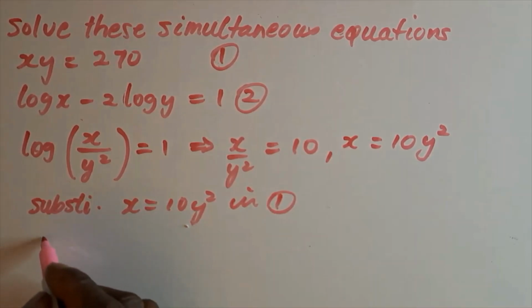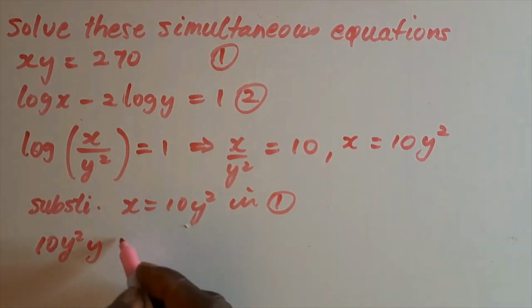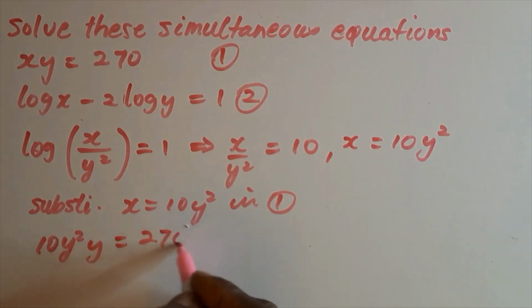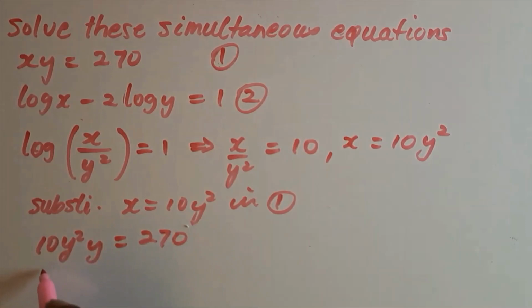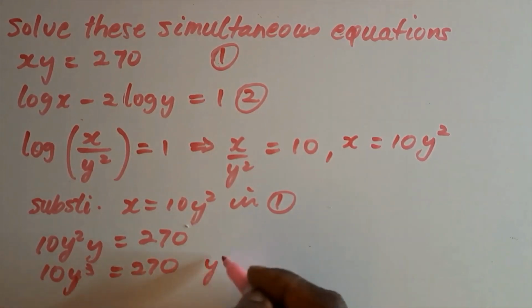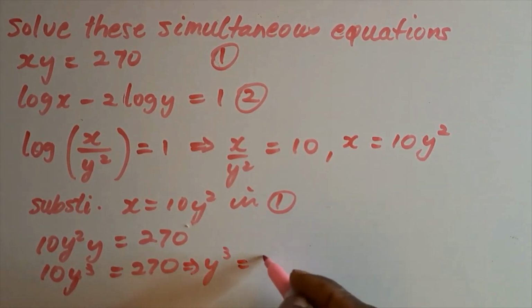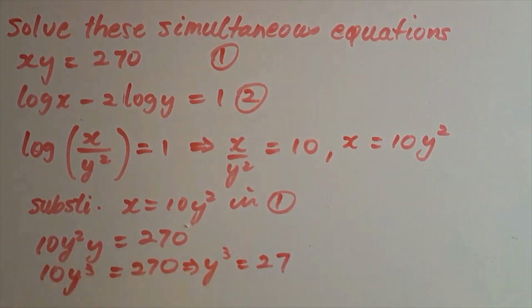We got 10y squared times y is equal to 270, which means that 10y cubed equal to 270, so y cubed, so that implies that y cubed is equal to 27.